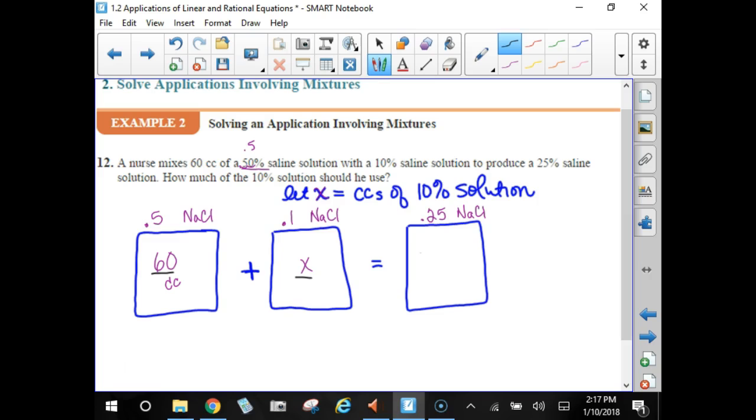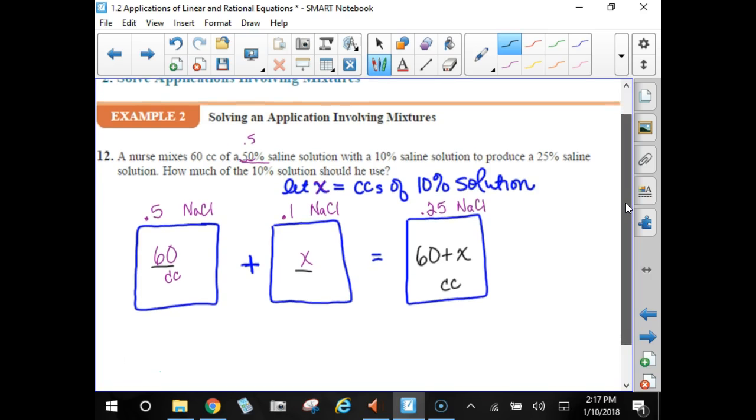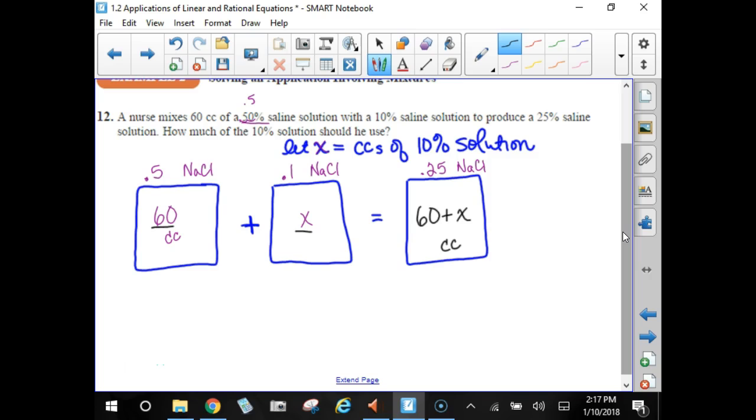That is going to result in 60 plus X cc's. Now, once you have all the percentages labeled on the outside, and all of the amounts on the inside, to set up the mathematical model you'll use to solve this mixture problem, it's a matter of just taking percent times amount.